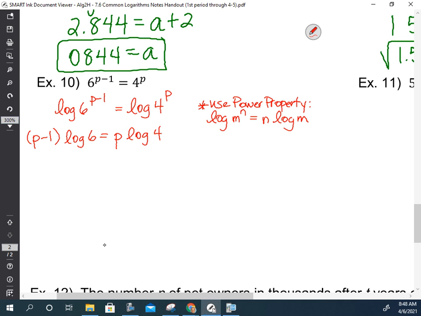All right. So next, we're sitting here with logs on both sides and variables on both sides. What we're going to do is move the logs to one side of the equation and the variable to the other.